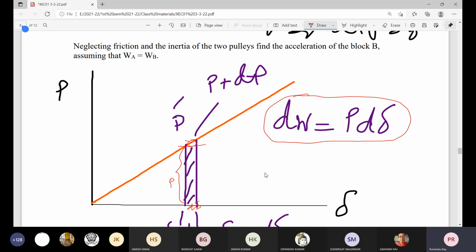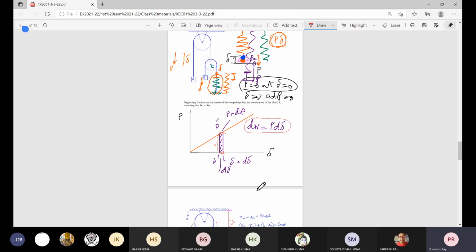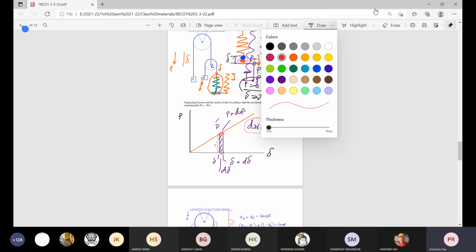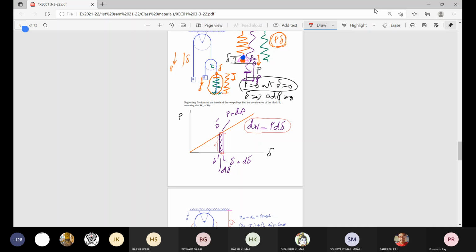And then what about the total work done? Total work done either from 0 to something, some displacement, or some particular displacement to some particular displacement. Now initially we consider it for 0. Starting from rest, suppose we reach up to P maximum.